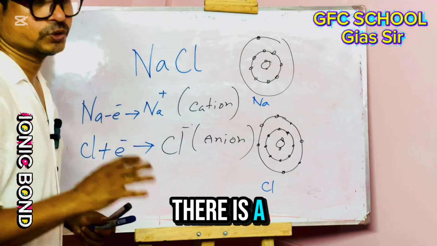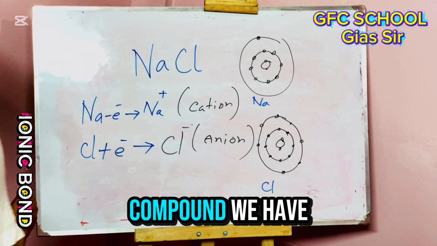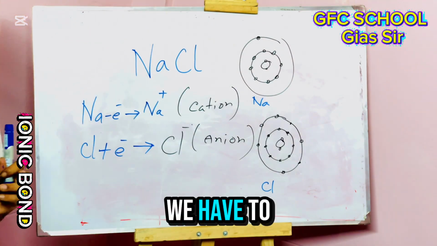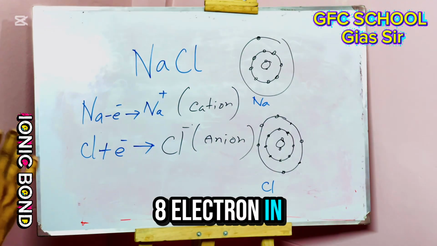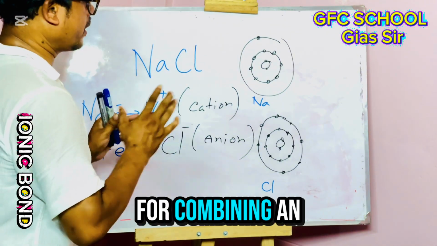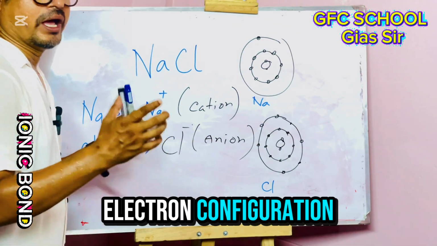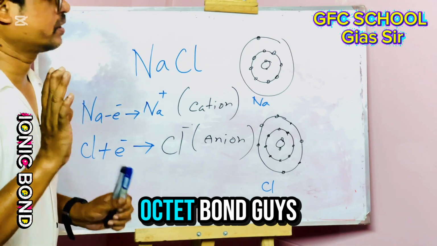There are two words, octet and duet. For making a compound, we have to have 8 electrons in the outer shell or 2 electrons in the outer shell. For an ionic bond, we need the octet.